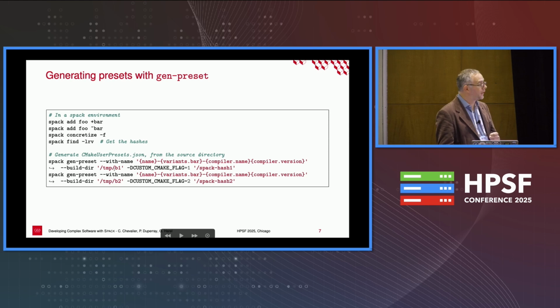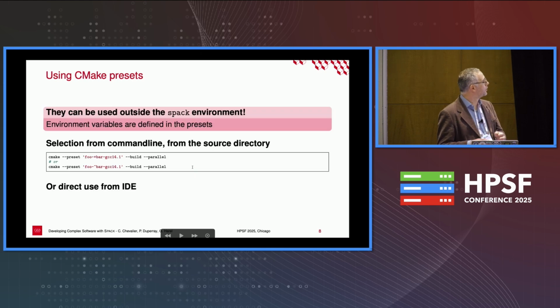We can specify a build directory, and we can also append CMake flags instead of reconcretizing everything, or if we want to access flags that are not available in Spack. So once you have generated this file, you can directly use it outside Spack.